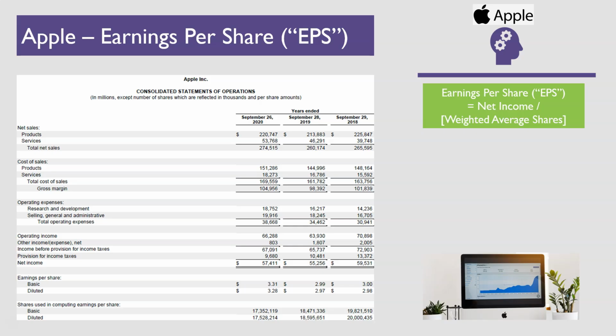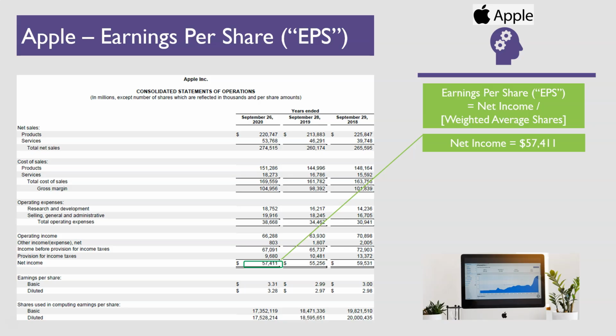Converting securities generally lowers EPS, and as such, diluted EPS tends to be lower. The key point here is that diluted EPS is a conservative metric, as it indicates a worst case scenario in terms of EPS. So now let's get into it for Apple and see how this is calculated.